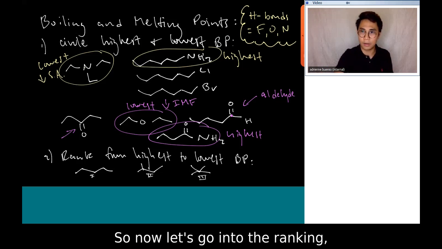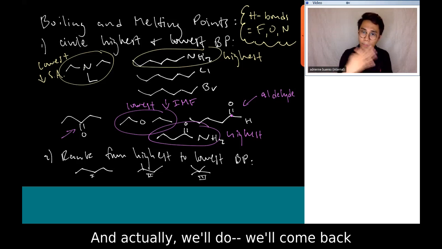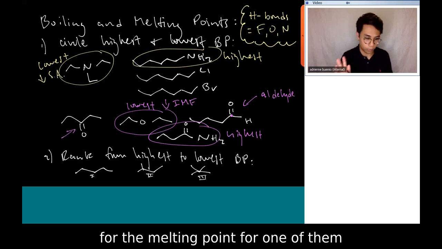Things like that. So now let's go into the ranking, and you do the same exact thing for melting point. And actually, we'll come back for the melting point for one of them just to show you.